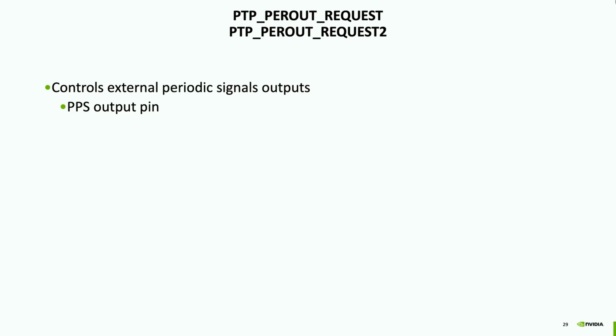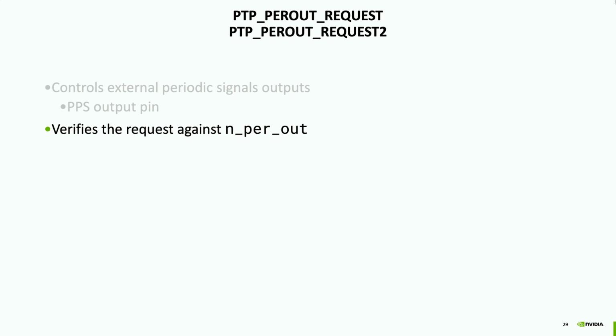This function controls the external output. So when your device drives the PPS signal, this will be enabled by this function. It will verify the request against the number of periodic outputs internally, and if it's valid, it will call out into the enable function.